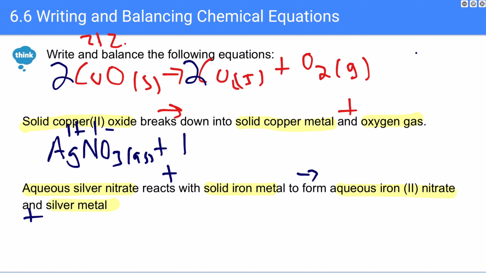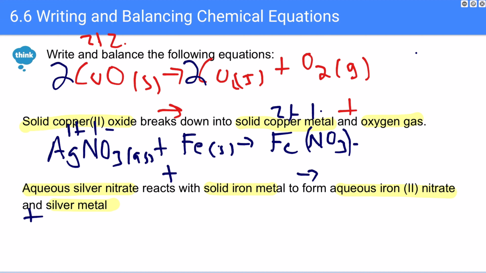Reacts with solid iron metal. Anything by itself has no charge. We form iron 2 nitrate, so Fe(NO3)2, 2 plus, 1 minus. And silver metal, which is Ag.